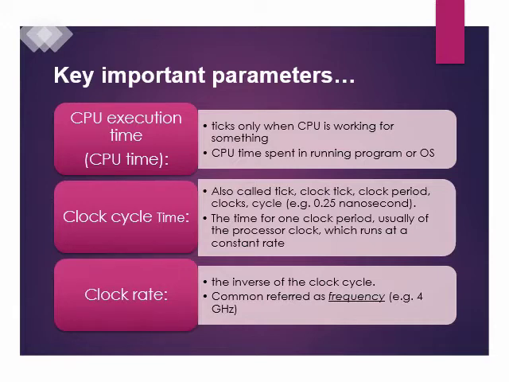Let's look at clock cycle and clock rate. Clock cycle is the time for one clock period, and clock rate is the inverse of the clock cycle. So if we imagine that the cycle is 1 cup, I can say clock cycle is how long does it take to drink 1 cup. So maybe for me, the answer is 5 seconds. It takes me 5 seconds to drink 1 cup.